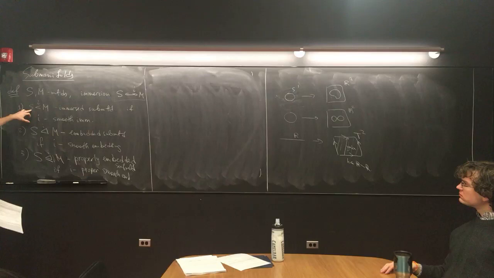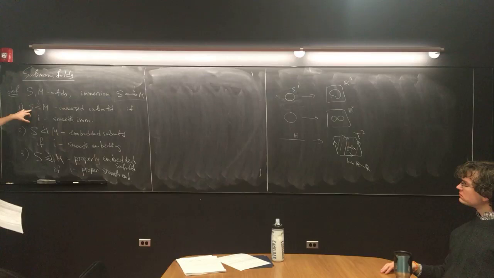So let's say I have pi, just any smooth map between M and N, not necessarily a submersion for now. Definition: let's define local sections.